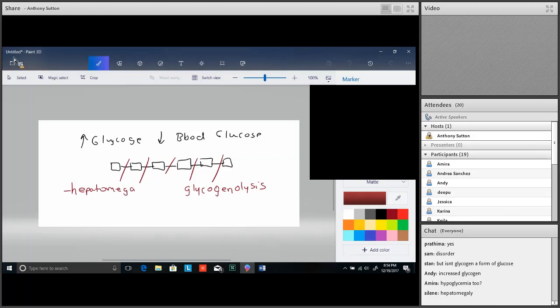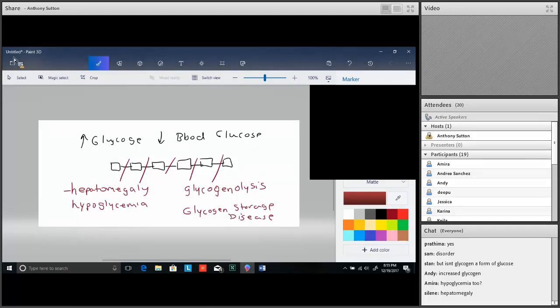Hepatomegaly. So that means that all of your glycogen, watch this, glycogen storage diseases. Every glycogen storage disease you have is because you cannot break, or you're missing an enzyme that can break down glycogen.